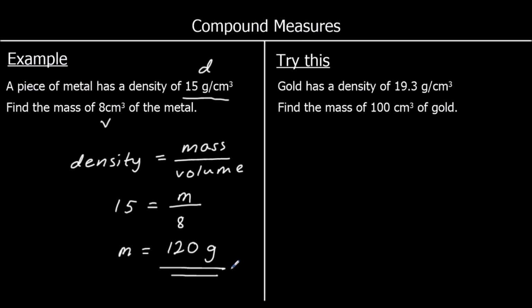Okay, one for you to try. So give this one a go. Again, we're given density and we're given volume and we're finding the mass. So density equals mass over volume.